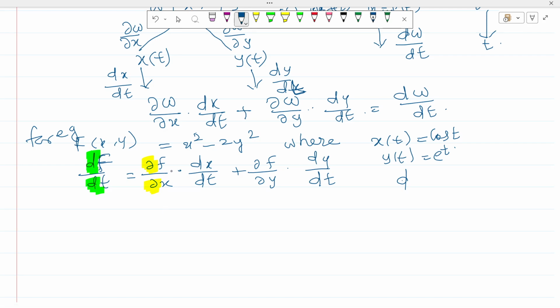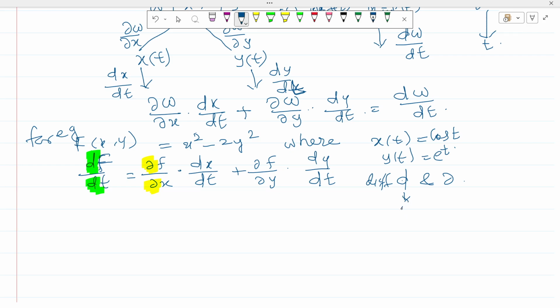Here I want to explain that if this point is clear, then easily the other points you can understand. In df by dt, why are you writing d here, why should you not write dou? What is the difference between d and dou?